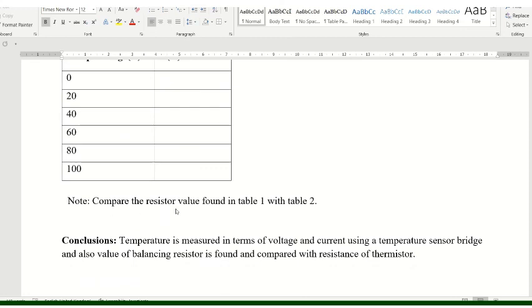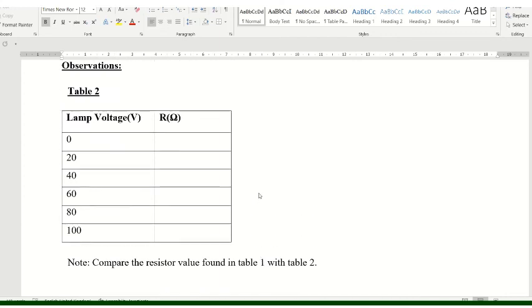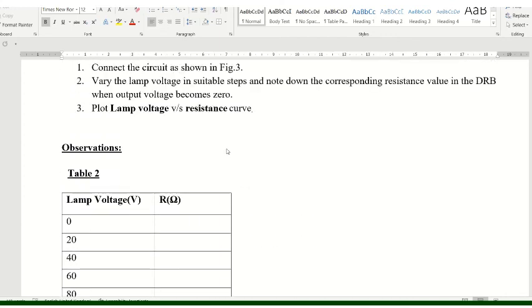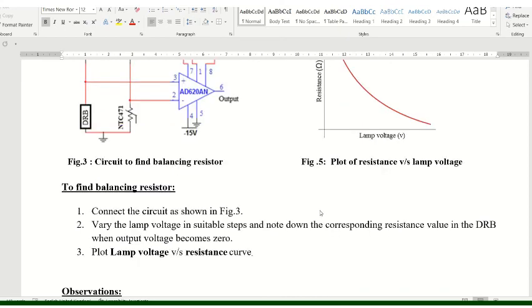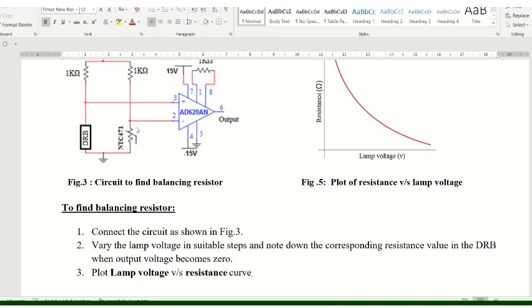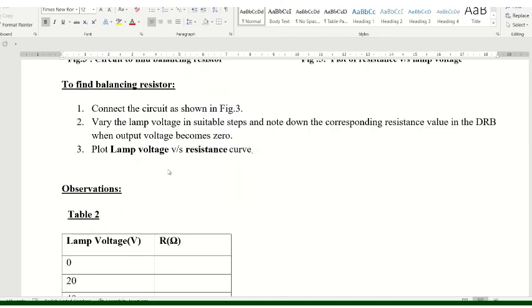Now if you compare the resistance values found in table 1 and table 2, you will observe that they almost match, because here you are checking with the balanced bridge condition. So the DRB resistance will be the same as that of the temperature sensor, that is the NTC 471 thermistor.